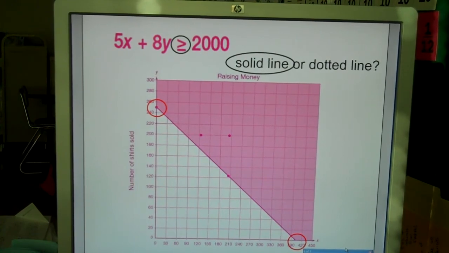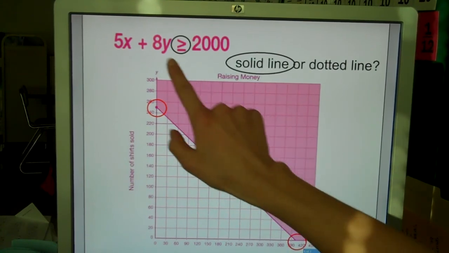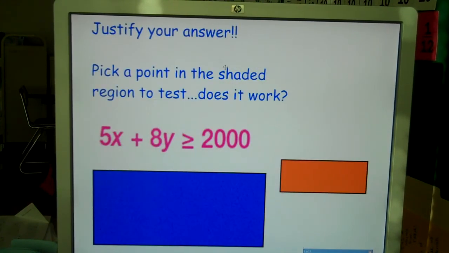Now here's your little assignment for tomorrow. I want you to pick any point up here and plug it in. Does it work? Okay? Justify your answer. I already knew what I wanted. Pick a point in the shaded region to test it.